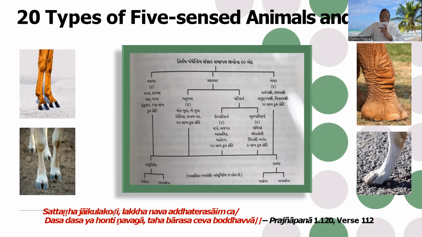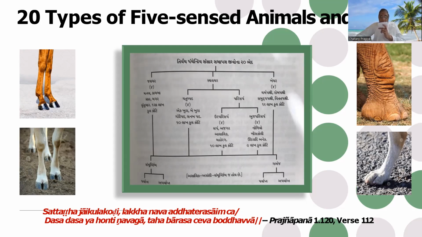The terrestrial ones are again divided into two categories. One is called Chatushpad and the other is called Parisarpa. Chatushpad means those who have four legs. You can see that the horse, the cow, the elephant, and the lion are all recognized as Chatushpad animals, having four legs.